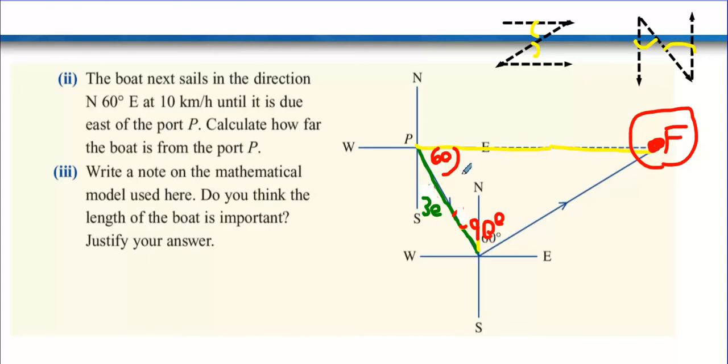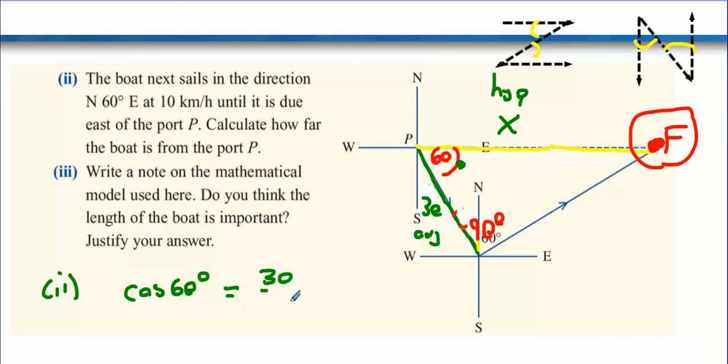So when we're looking at the 60, what we want to learn is the hypotenuse, which we'll call x. We know the adjacent, which is 30, so we're going to use cos. For part 2, we're going to use cos 60 degrees equals 30 divided by x. X is division on the right, which will make it multiplication when it moves to the left.